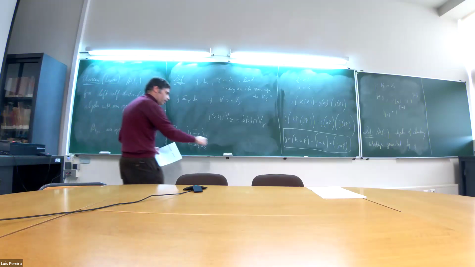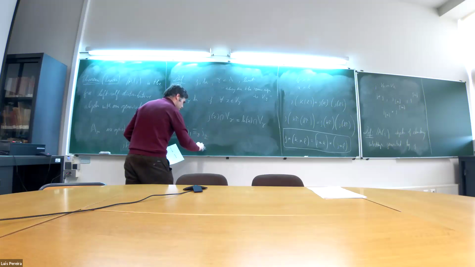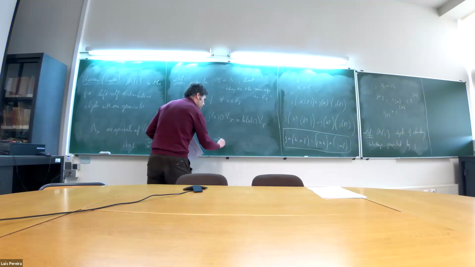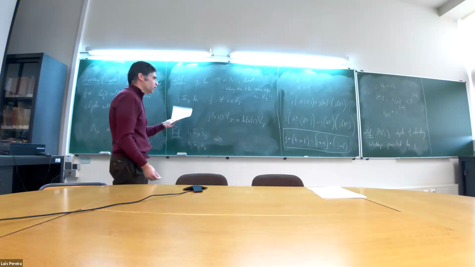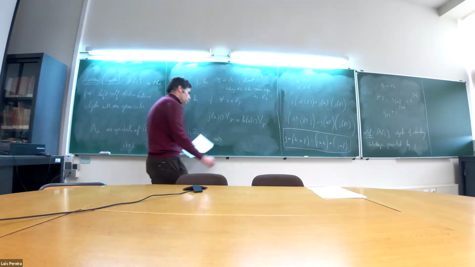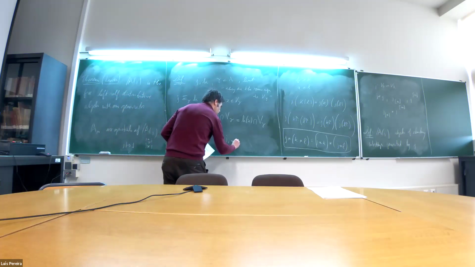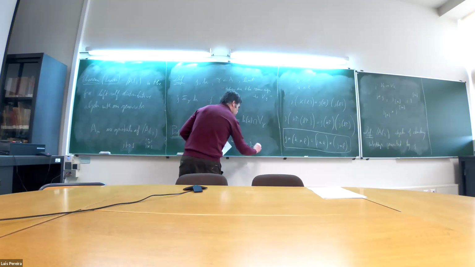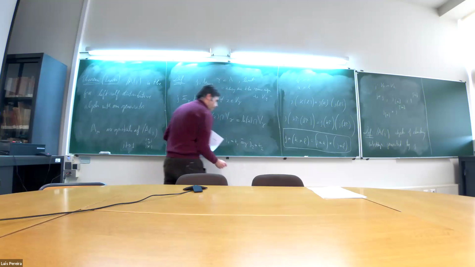This is why I didn't want to lose much time. But the whole thing is that this is not only an equivalence relation, it's a congruence relation. So J1 star K1 is also equivalent to J2 star K2.